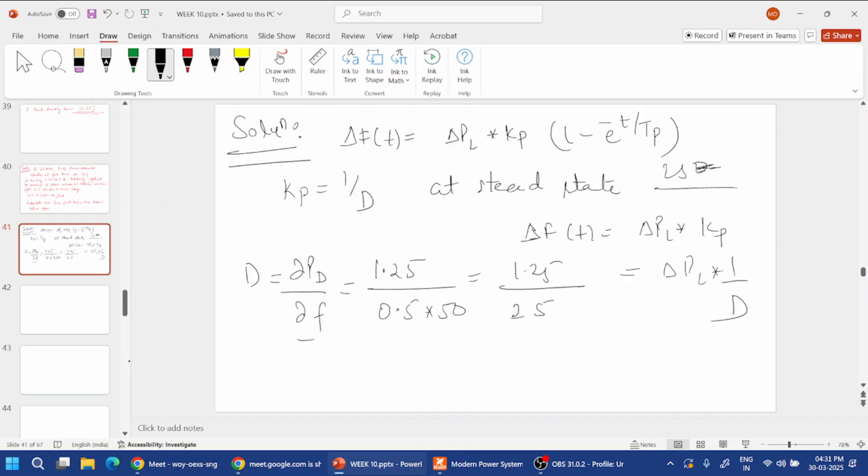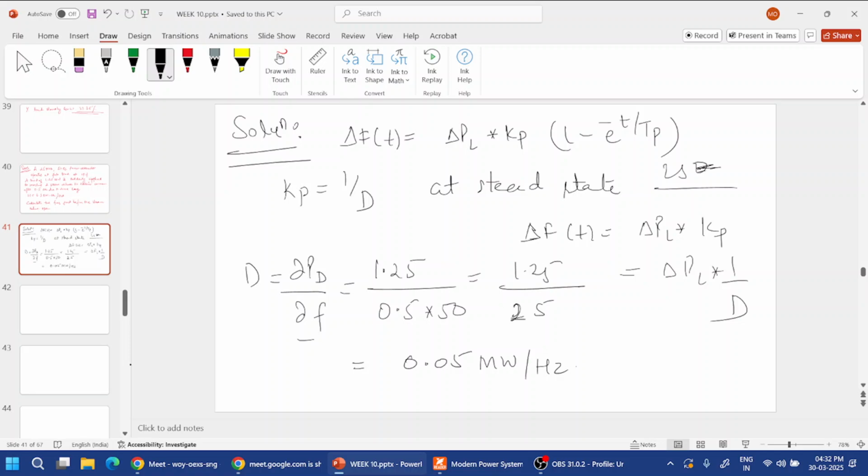Let me calculate it. 0.5 into 50 divided by 25. Its value comes out to be 0.05 megawatt per hertz. This is the value of D.